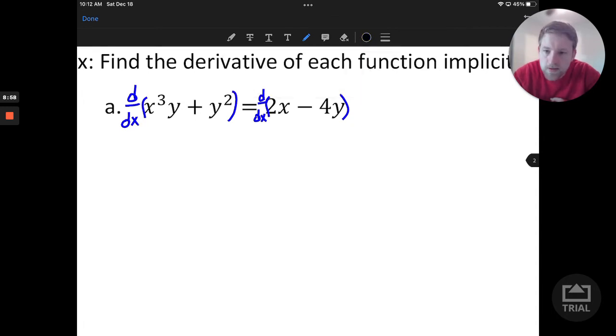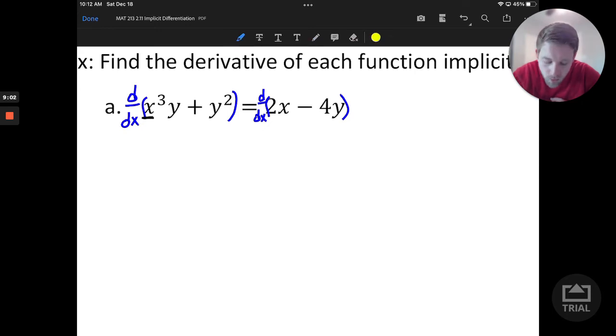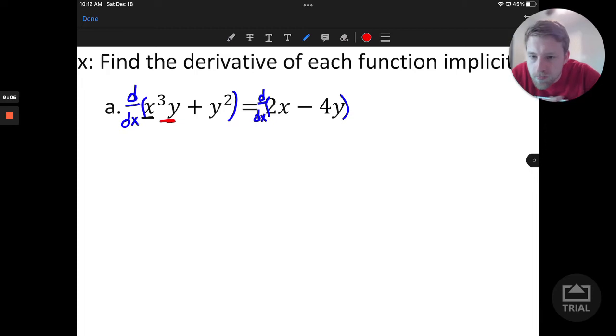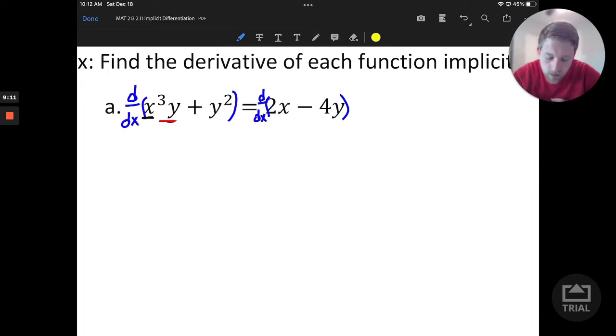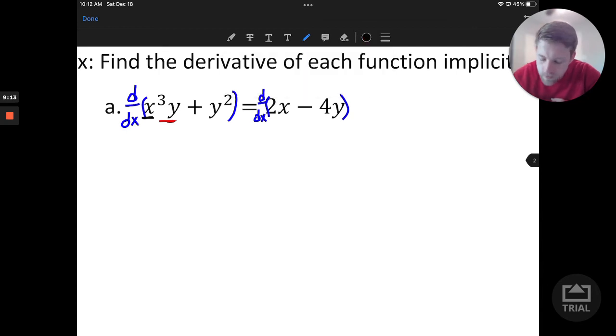The first term we see is the x cubed y term. Again, that's going to be another product rule for us. So we have two terms, x cubed and y. So let's go ahead and apply that product rule. We want to say that that's going to be the derivative of the first term, that's 3x squared, times the second, that's the y.